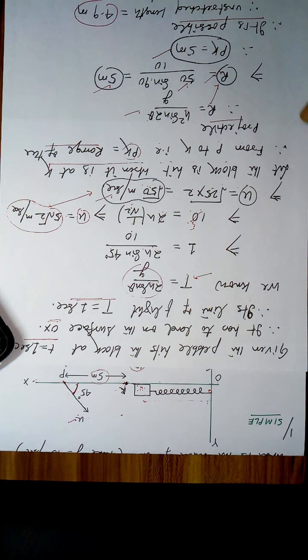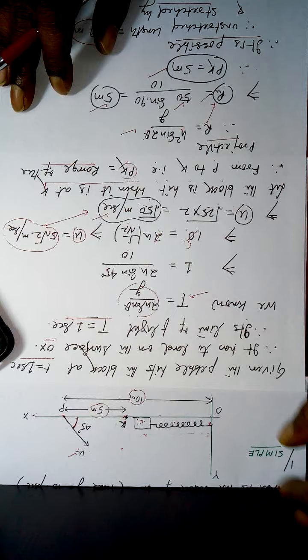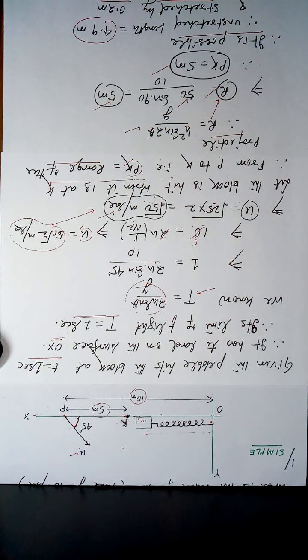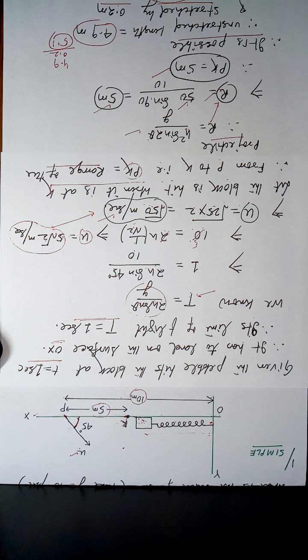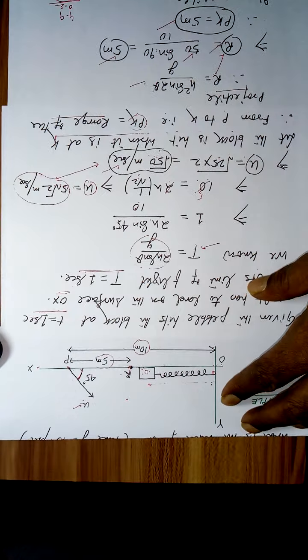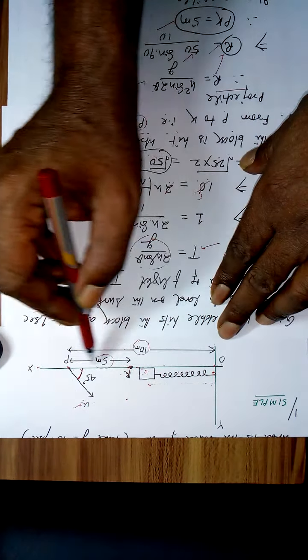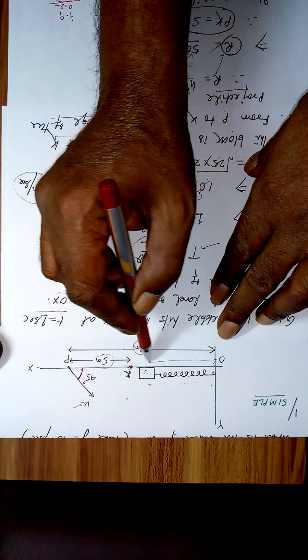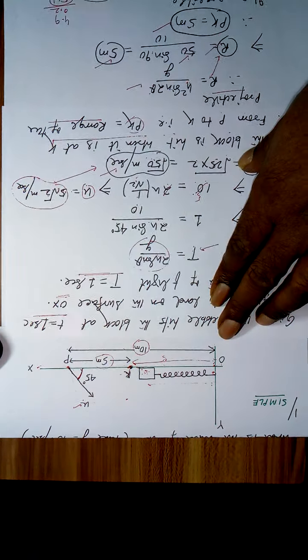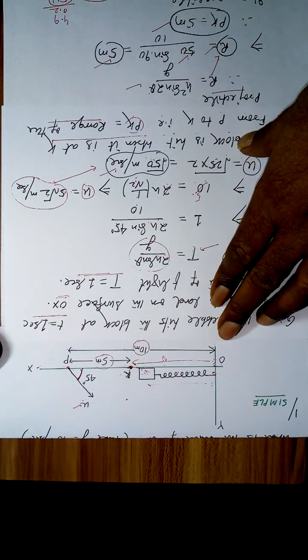It is stretched by 0.2 meter. So this is the unstretched length 4.9 and it is stretched by 0.2. So this becomes 5.1 meter. So look, from here to here is 10, from here to here is 5 where it is hit. So the remaining distance from here to here is 5. 5 plus 5 is 10.